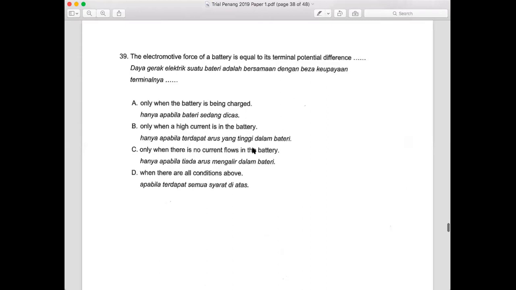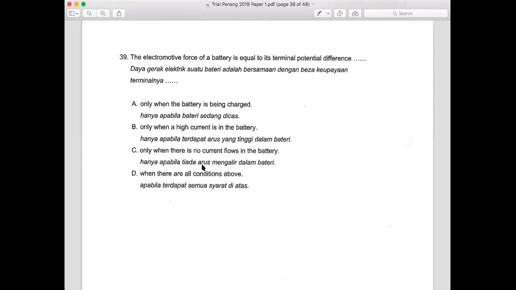Okay, EMF. Electromotive force equals its terminal potential difference. What's your answer?